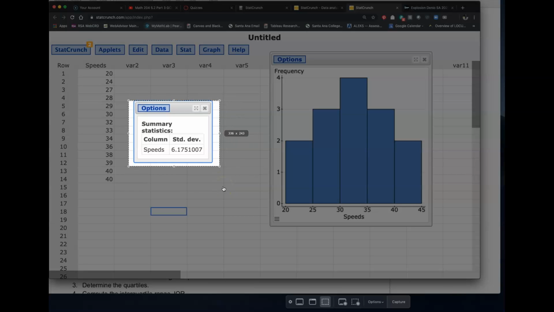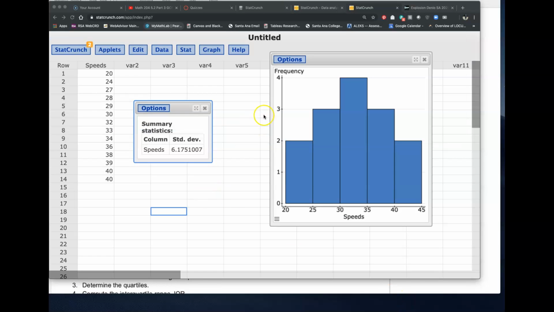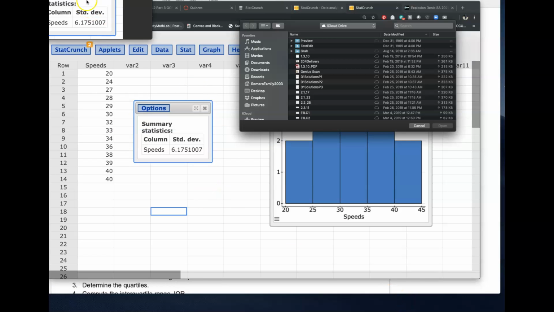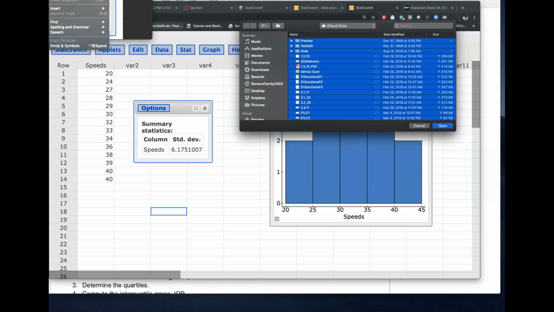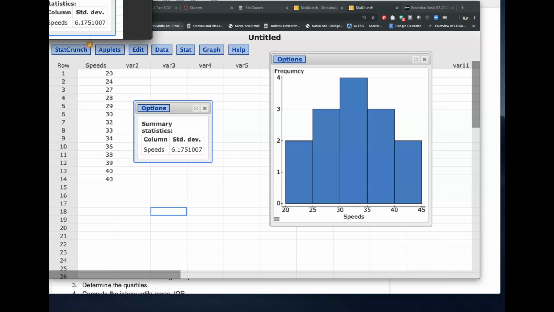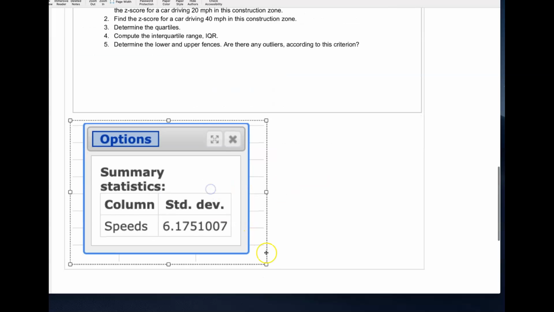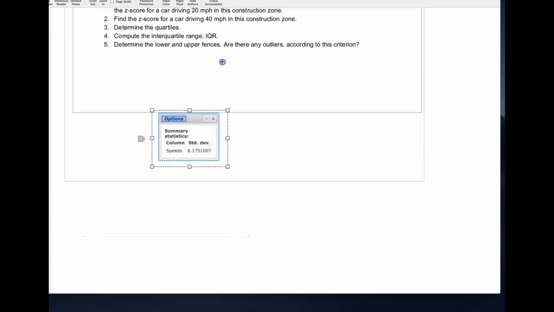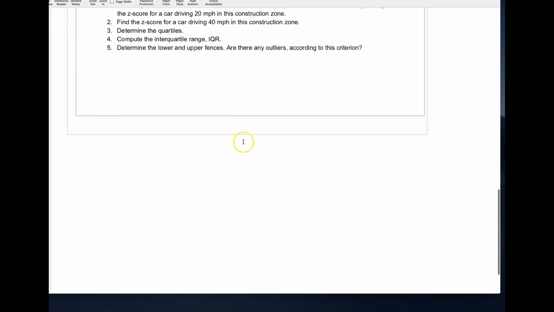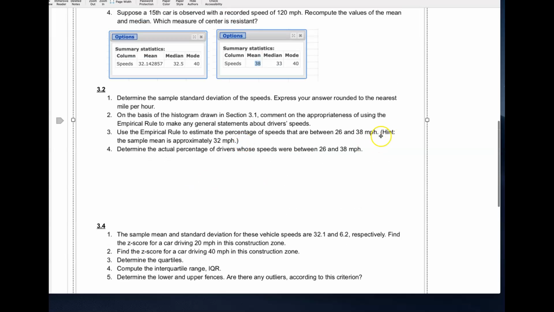Let's get that in there and copy that in. So we answered the first question now. There is your standard deviation. We'll have that there. Perfect.